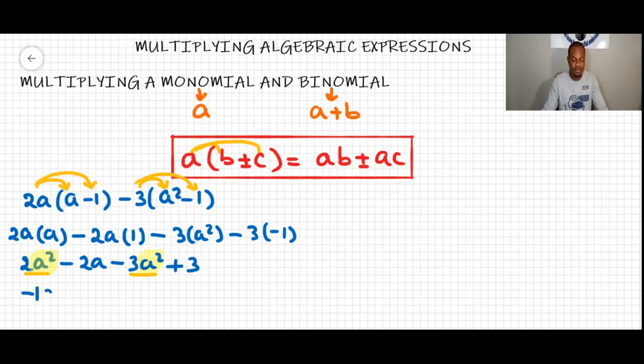That makes negative 1a squared minus 2a plus 3. Now, negative 1 is not written in mathematical expressions as a coefficient. So we can just write negative a squared minus 2a plus 3. Like this, we simplify this algebraic expression.